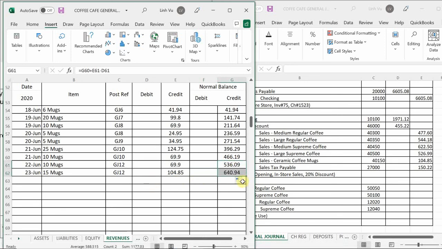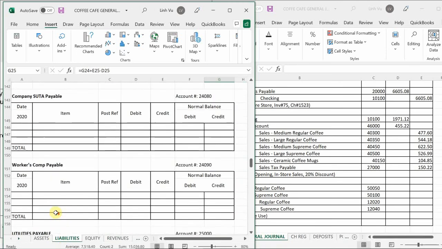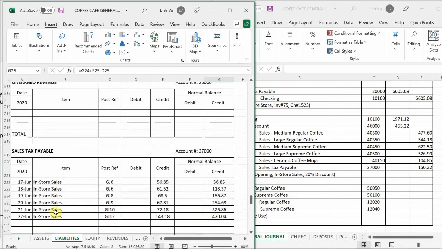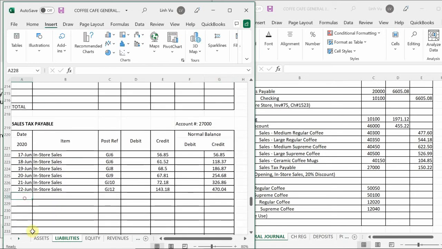Good. All right, last but not least, sales tax, for 150.22. Grand total 6,620.26. Good.